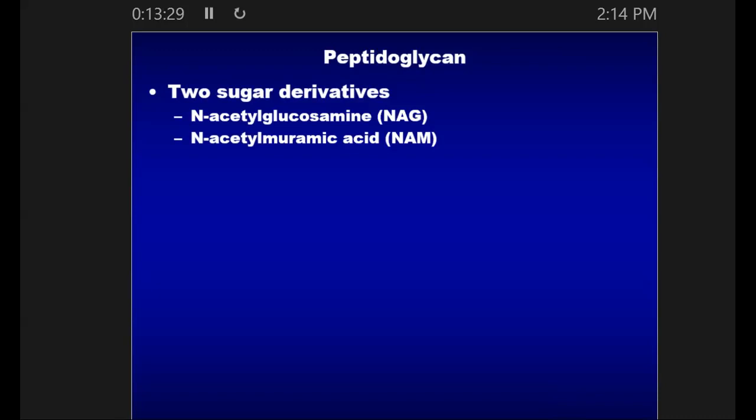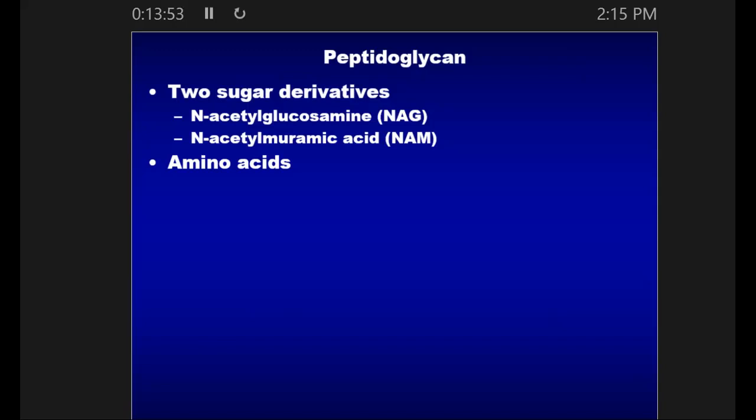So we abbreviate down to NAG and NAM. If I ask you an essay question, you could just put NAG and NAM instead of spelling it all out. So a good chunk of peptidoglycan are these sugar derivatives.